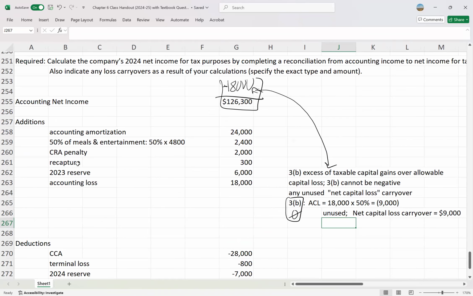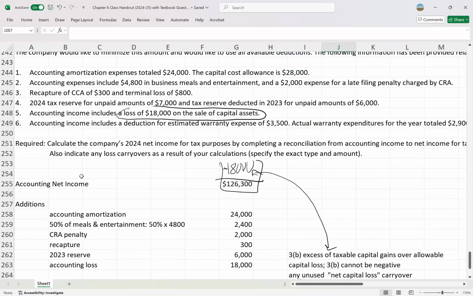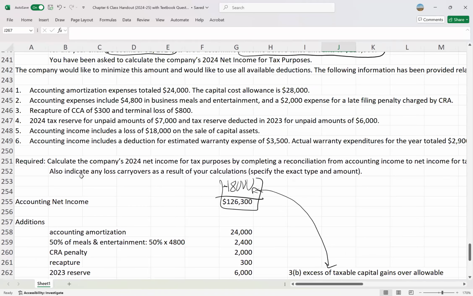And then we get to our last one, which deals with warranty. If you remember from your accounting classes, if your business provides a warranty on the products it sells, at the end of the year, they have to estimate the warranty expense because the customers are not going to come in for the warranty claims, probably not until next year or maybe the year after.